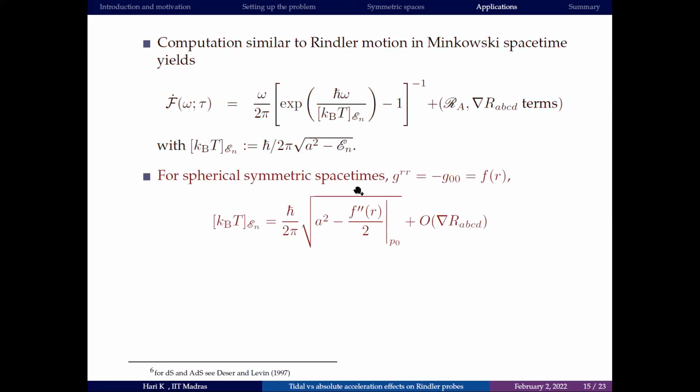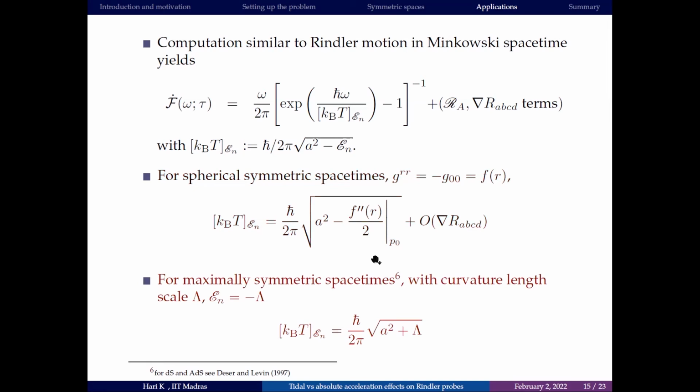If we apply the same for spherically symmetric spaces, this will be the tidal term from the metric. And if I again use it for maximally symmetric spacetimes, you obtain a very nice Pythagorean sum. This was initially given by Deser and Levin using what is called the GEMS approach.